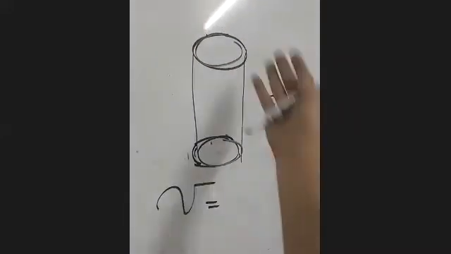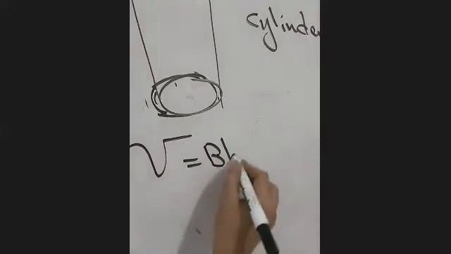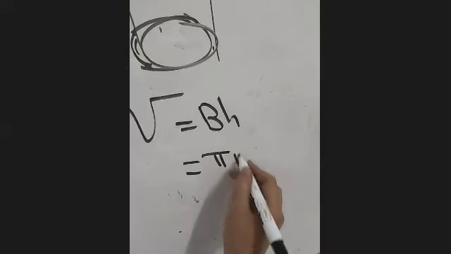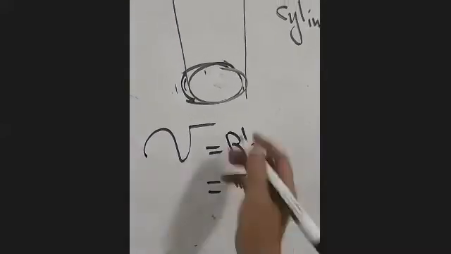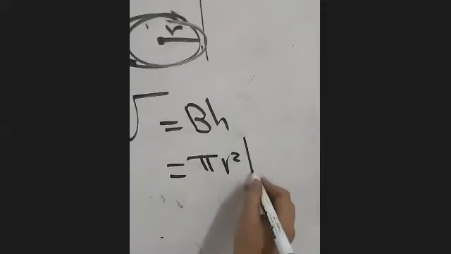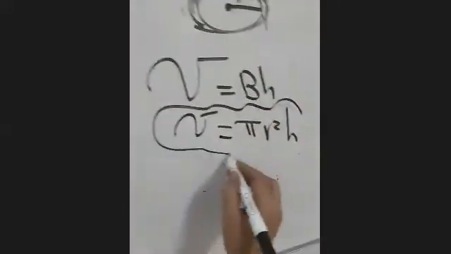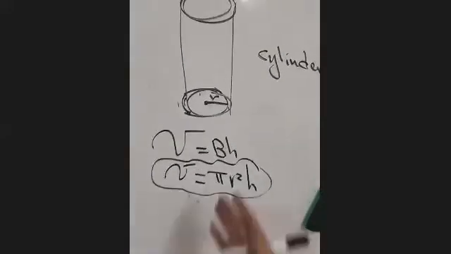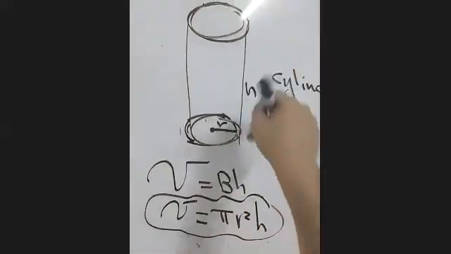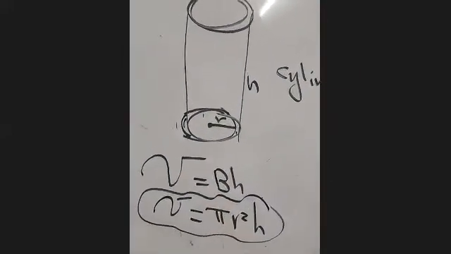So the volume is BH, where B is the area of the base, so it is pi r power 2, the area of the circle, remember? Multiply by H. So to find the volume of the cylinder in your kitchen, you just calculate the area of the circle down and multiply it by the height of it. So pi r power 2 multiply H.